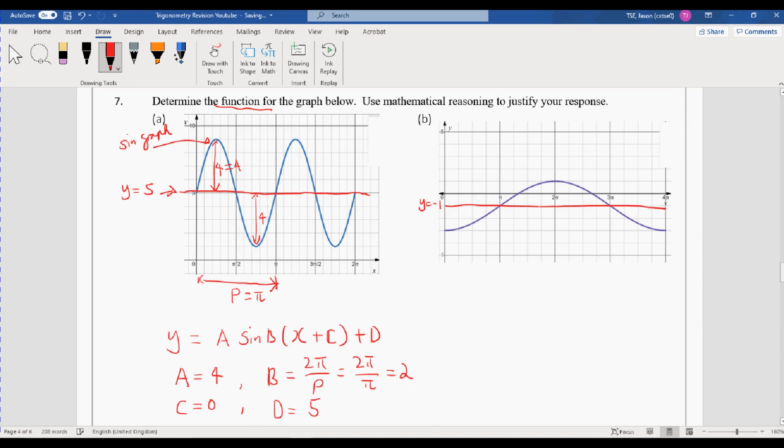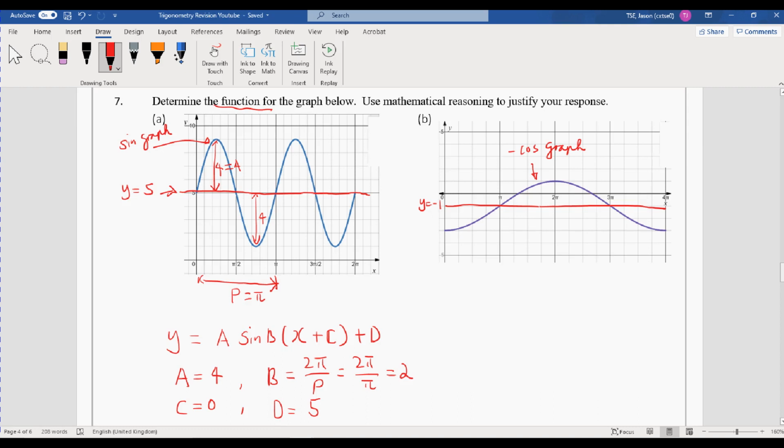So what kind of curve is it? It comes from the lowest point below the middle line and goes up and goes down again. So this one is a negative cos graph. It's not a cos graph, because a cos graph starts from the highest point, right?